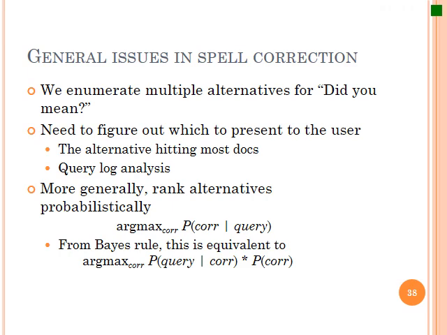More generally, you can model this as a ranking problem. So you can rank your alternatives by a probability model, the probability of the correction, that is, the corrected string given the original query. You want to maximize this probability. And from Bayes' rule, this can be converted into the probability of the query given the correction times the prior probability of the correction.